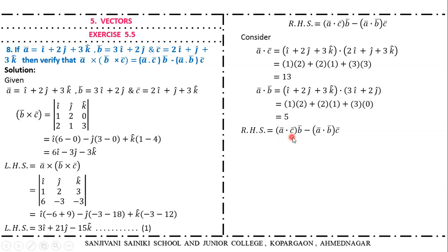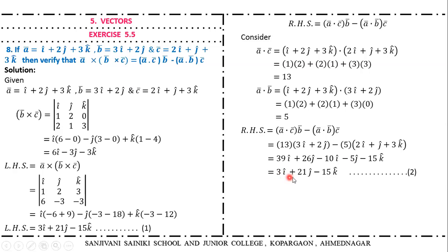So the right hand side is a bar dot c bar into b bar minus a bar dot b bar into c bar. a bar dot c bar is 13, so multiply b bar by 13, and a bar dot b bar is 5, so multiply the vector c bar by 5. Now take their subtraction. What you get is 3i cap plus 21j cap minus 15k cap.